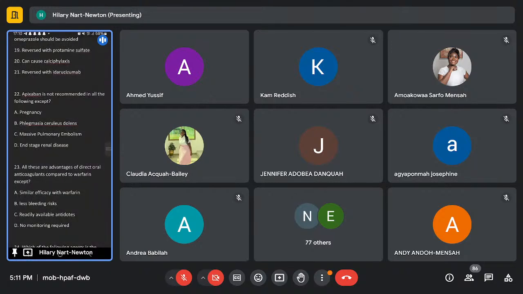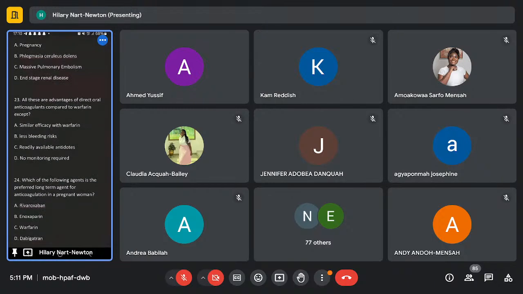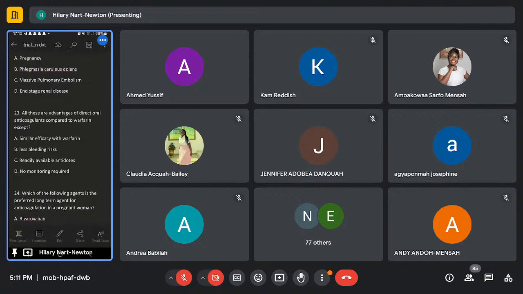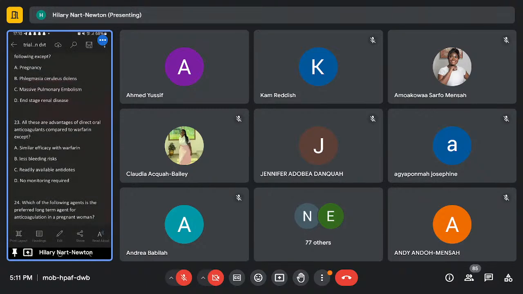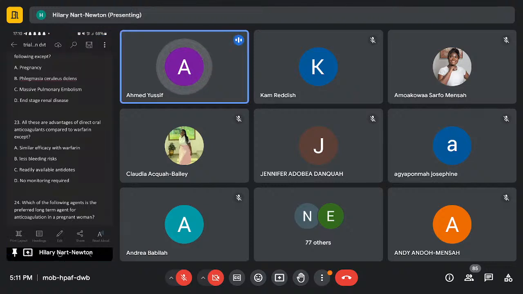Apixaban is not recommended in all the following except A. Pregnancy, B. Phlegmasia cerulea dolens, C. Massive pulmonary embolism, D. End-stage renal disease. So which of them?